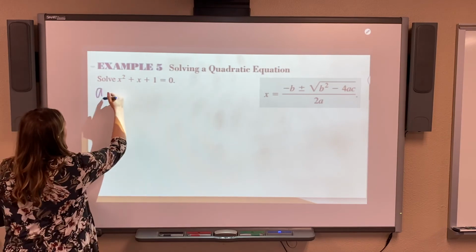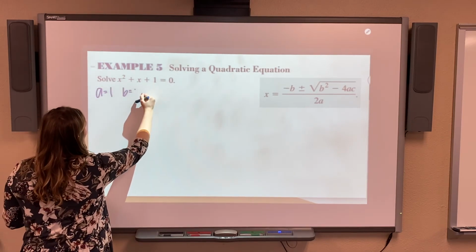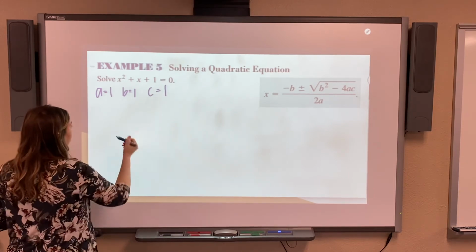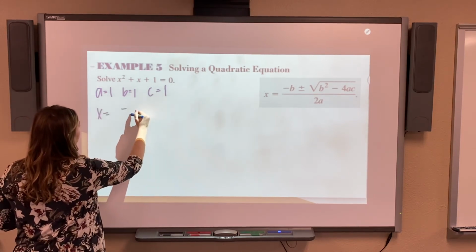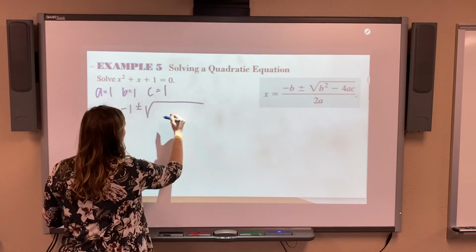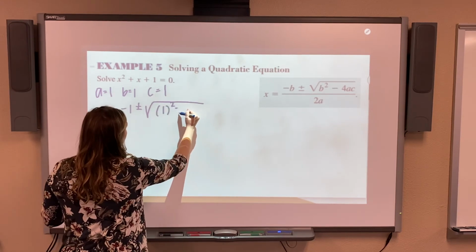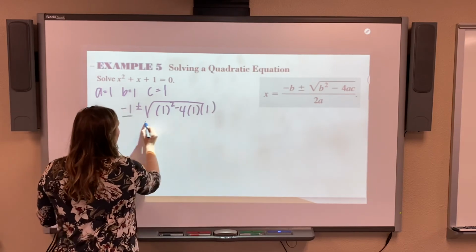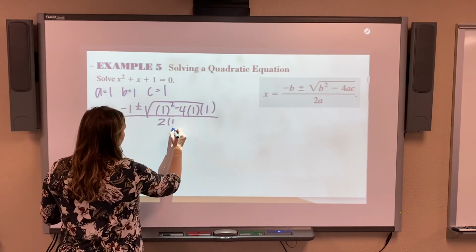So we have a is 1, b is 1, and c is 1. I'm going to fill out our quadratic formula. We have x equals -1 plus or minus the square root of 1 squared minus 4 times 1 times c, which is also 1, all over 2 times a, which is 1.